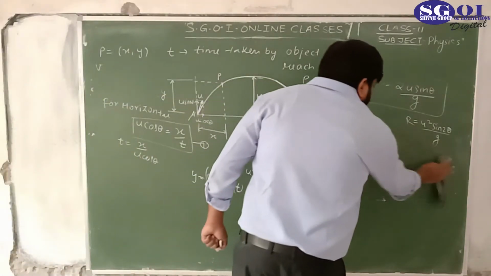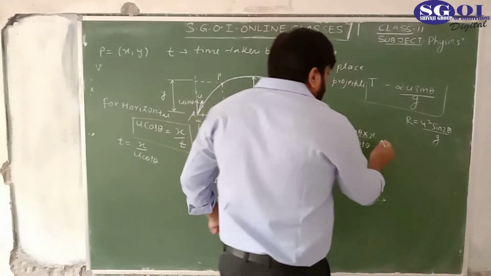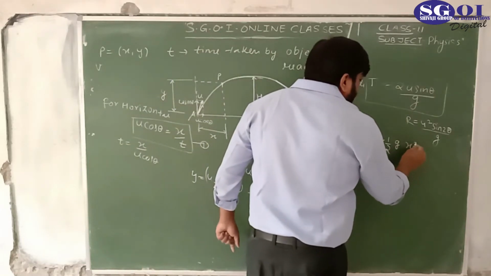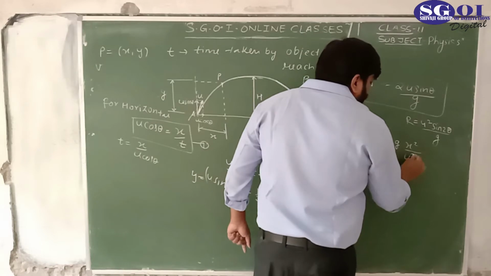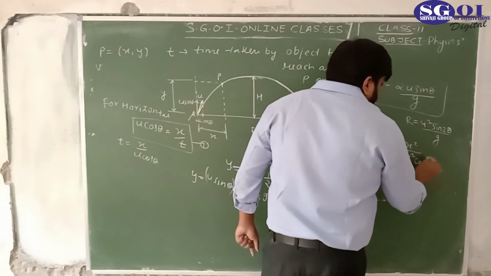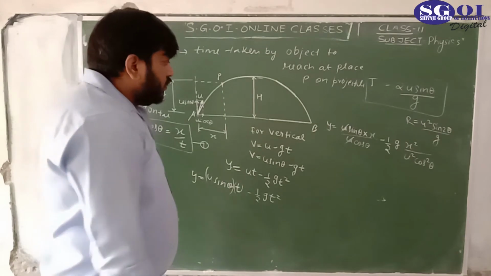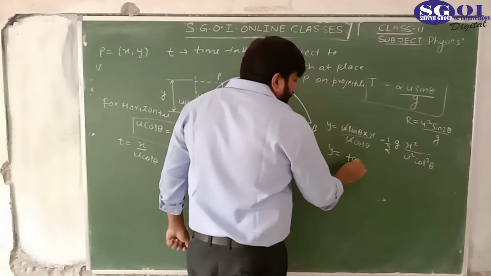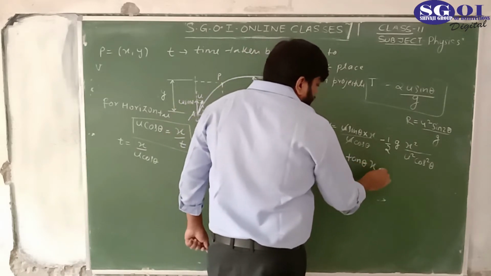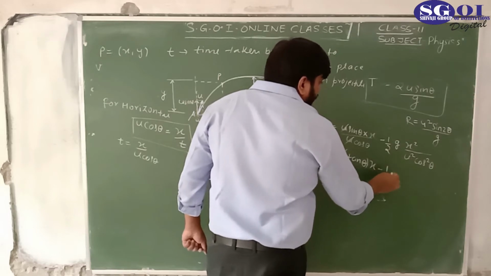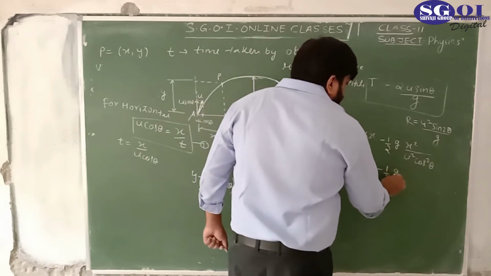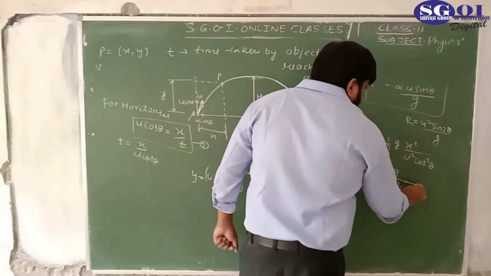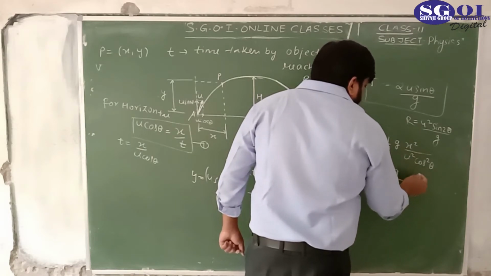So minus half g, with t equal to x by u cos theta, this is x square upon u square cos square theta. So finally we will get y equal to sin theta by cos theta, this is tan theta, x minus half g upon u square cos square theta, and this is x square.